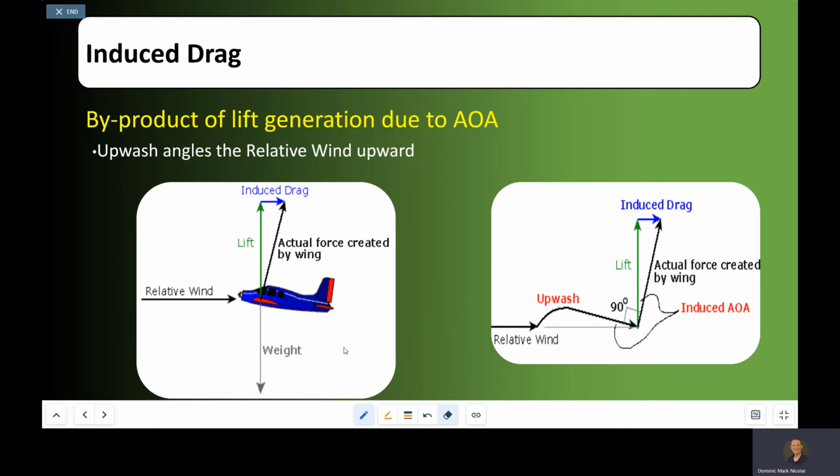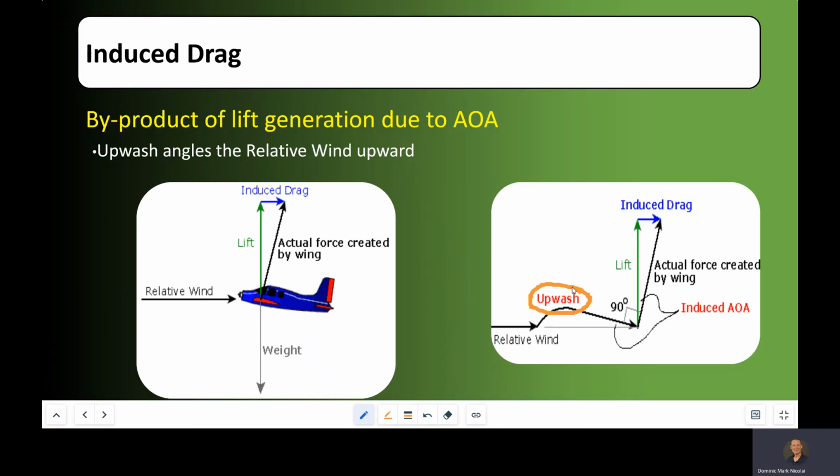Well, something interesting happens, right, three-dimensionally with the aircraft. When that wind hits the leading edge of the wing, some of it goes down beneath it, but some of it kind of changes direction and goes up above, right? And that creates a little bit of an upwash effect.